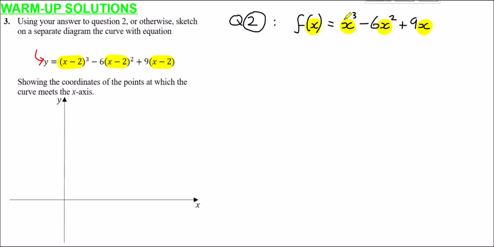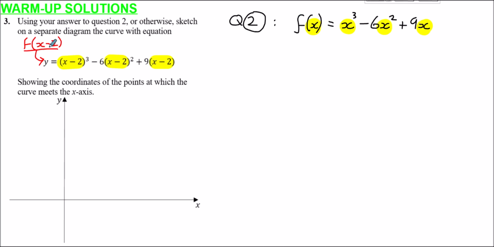It's exactly the same thing, but x has been replaced with x minus 2. And so the equation we need to graph now must in fact be the same as the function of x minus 2, because x has been replaced with x minus 2.